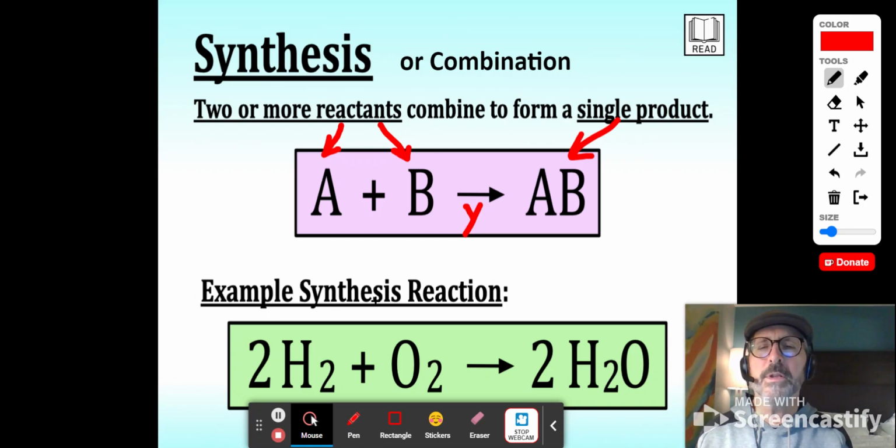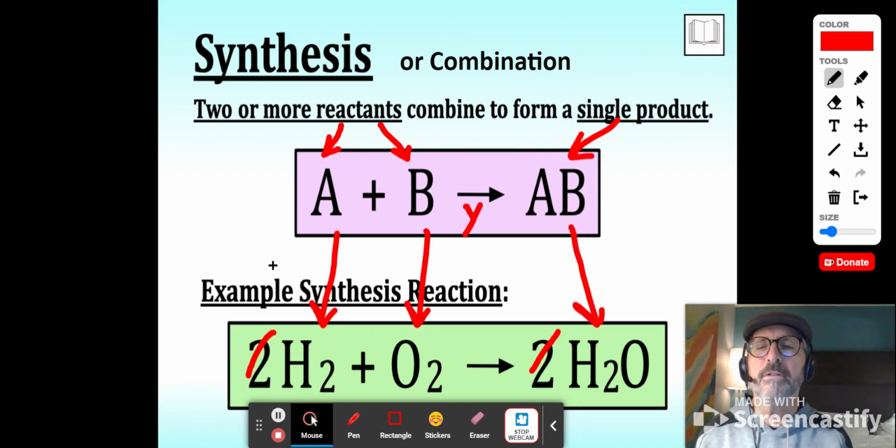Here's an example of a synthesis reaction. Hydrogen gas plus oxygen gas gives you water, a compound. So these are two elements, two molecules. You can ignore the coefficients here, so it may make it easier to see that that's A, that's B, and that's a single compound here.